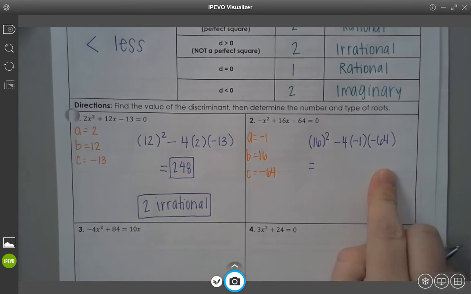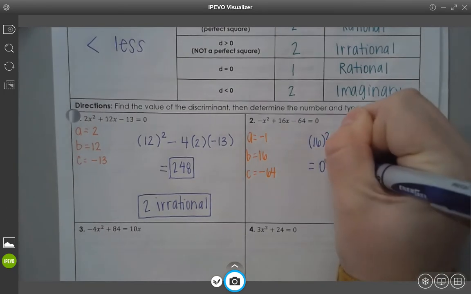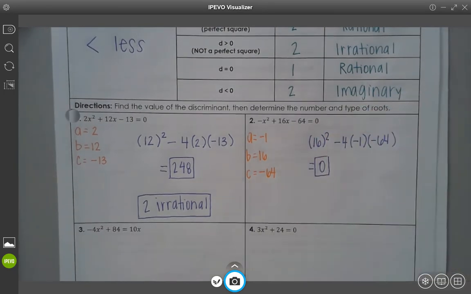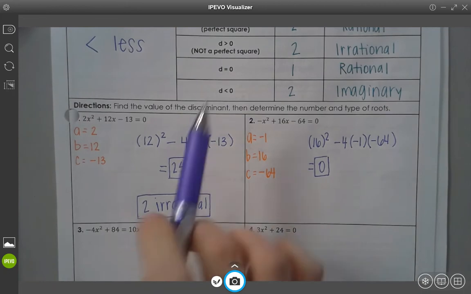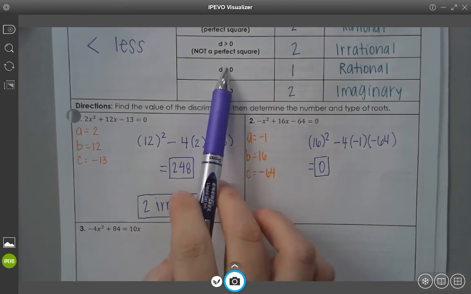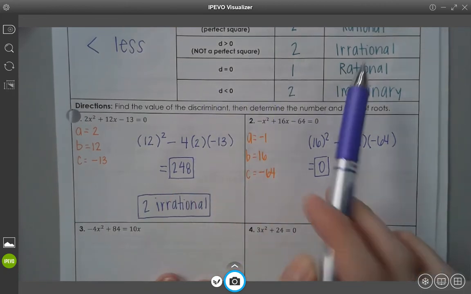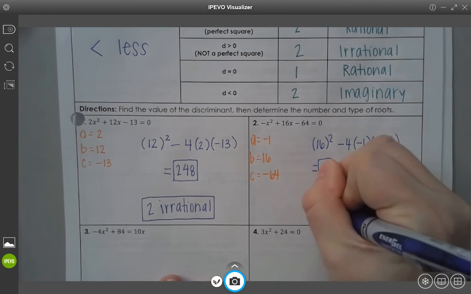What do you get when you type this in? You get 0. So the discriminant is 0. So if discriminant equals 0, it has 1 rational.